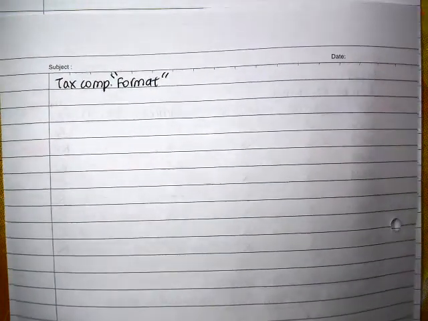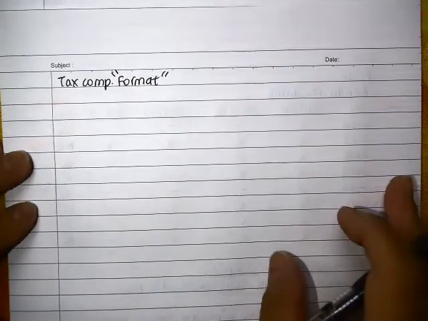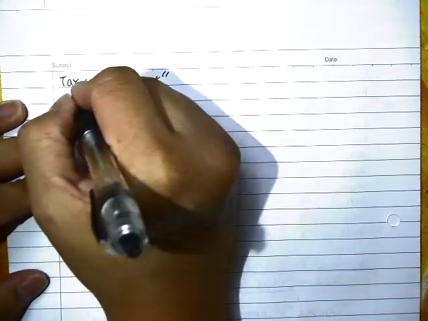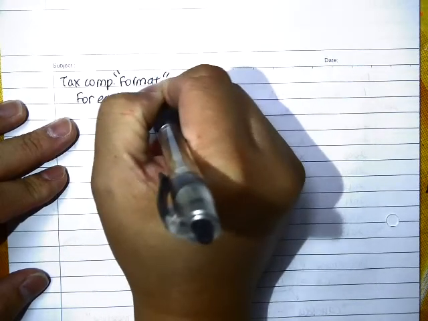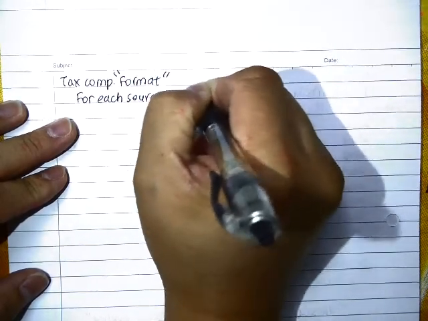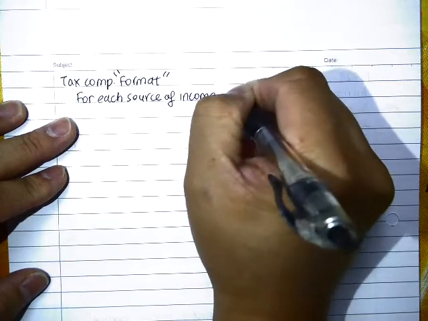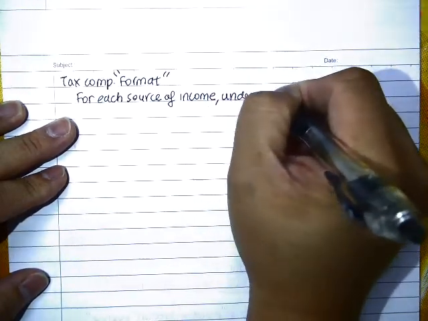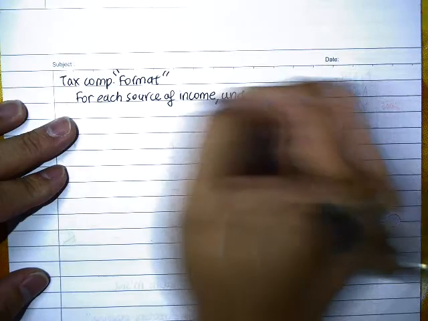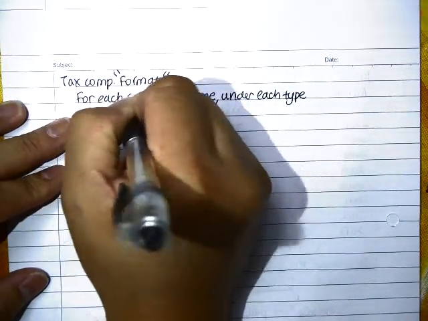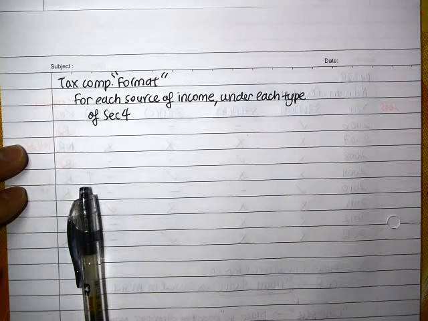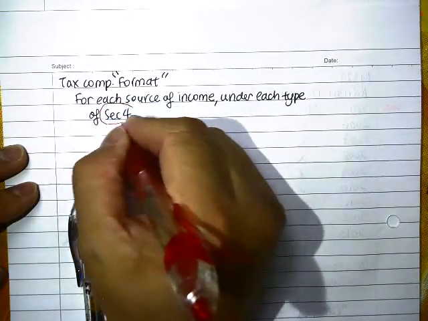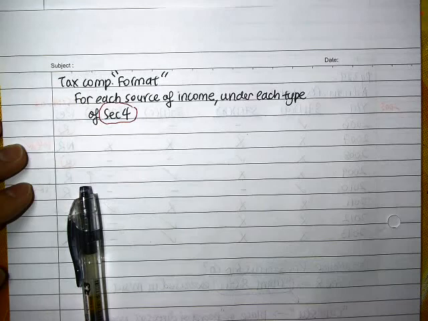Now, you must remember, Section 5 tells us that for each source of income under each type of Section 4. Okay? Now, you know Section 4 got many types, right? Got 4A, 4B, 4C and stuff like that.